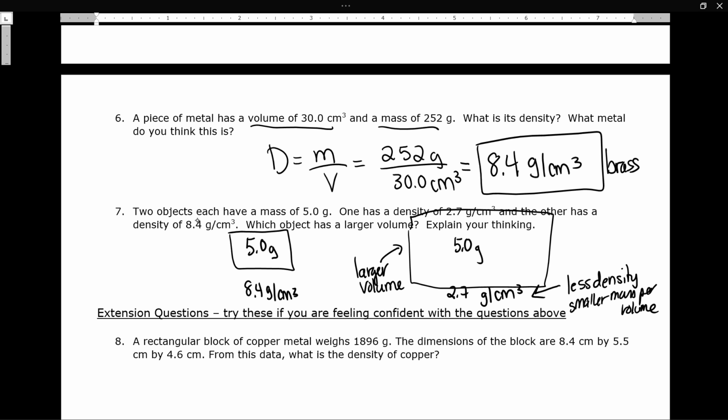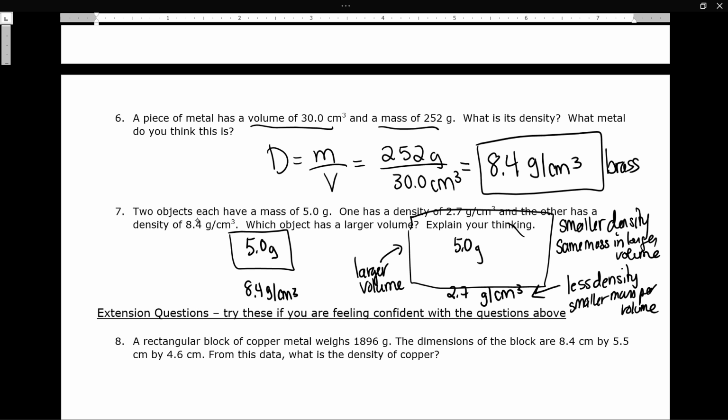Because in order to have a smaller density, it is going to have the same mass in a larger volume. That's kind of what we're trying to represent here. So that same amount of mass is going to be more spread out in this sample because its density is smaller.